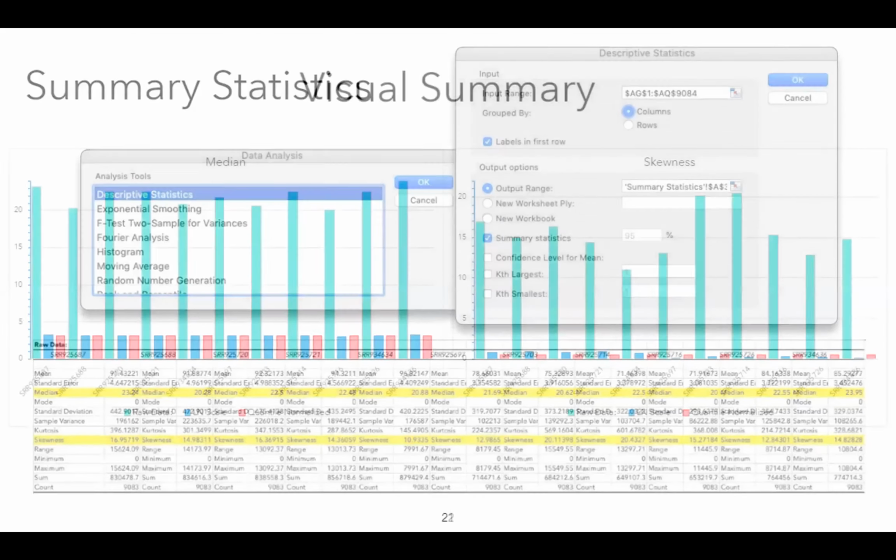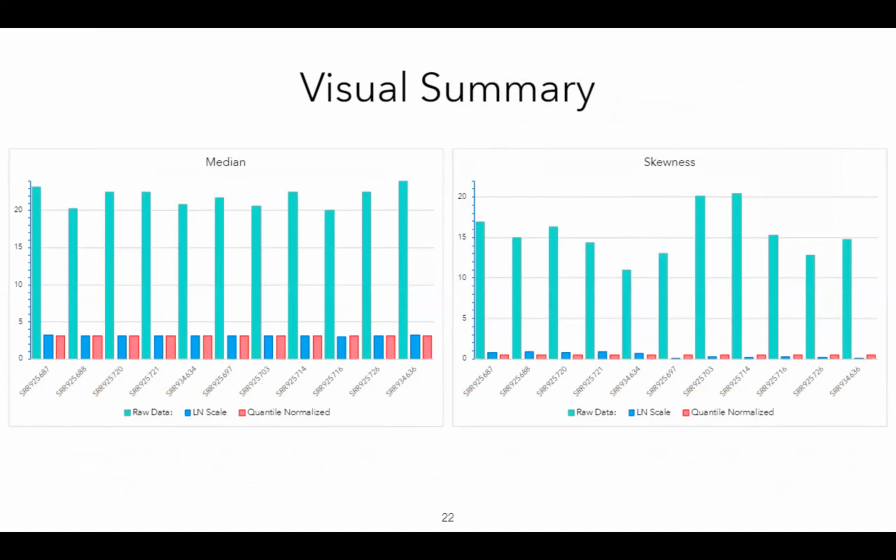So if you want more information about it, you could dig deeper to find out what your data looks like. This is just the visual summary. If you do the descriptive statistics and want to compare the median of your raw data, the green one over here represents the raw data, the blue one are the log scale values, and the red ones are the quantile normalized values. So you could compare the medians in all three forms of the data, or do a skewness comparison or whatever comparison you want for your own data set, so that you have a better understanding of your data.